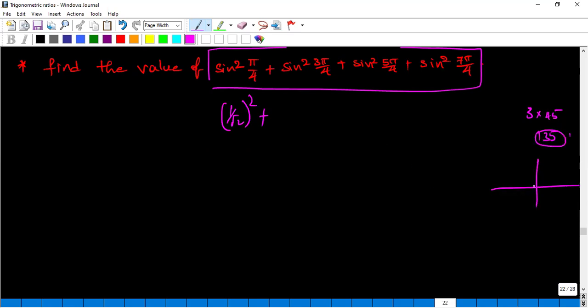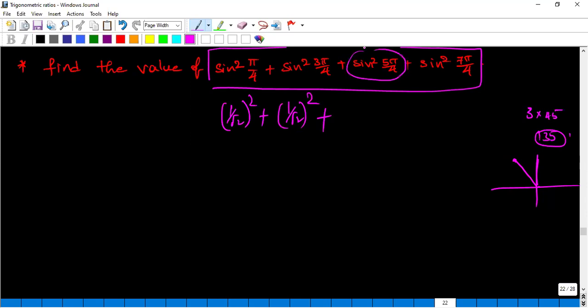This is 90, 135 will be more than 90, less than 180. So I'm taking here, in the second quadrant, sine is positive. So sine 90 plus 45 means cos 45, which is again 1 by root 2 whole square.